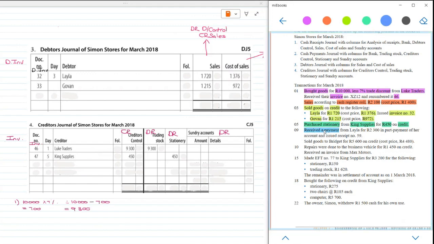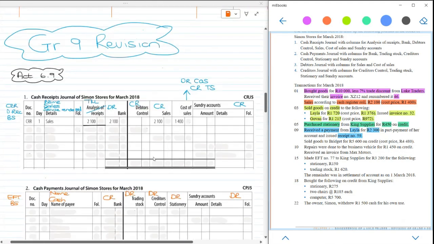Transaction on the 9th. We received a payment from Layla, 2,300, in part payment of her account, and issued a receipt number 59. Okay, so we have received a payment from Layla, meaning this is a CRJ transaction. So in my CRJ, this was a receipt, so I will go and write duplicate receipt number 59.